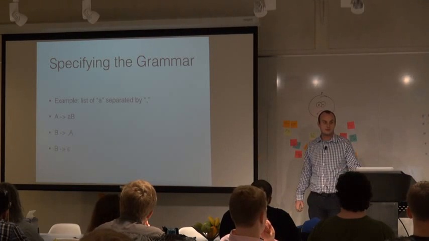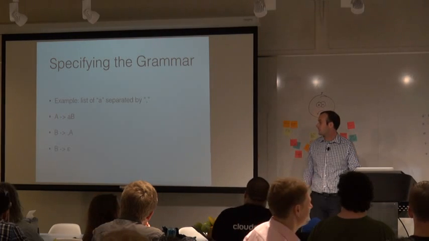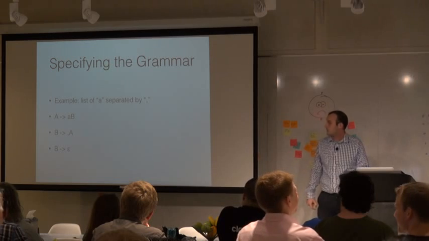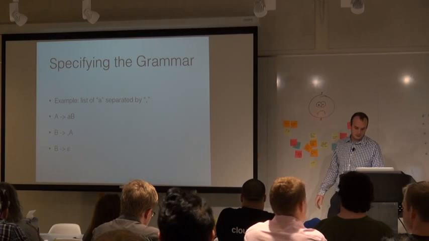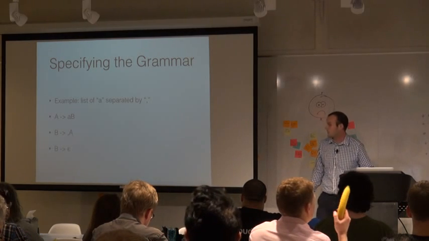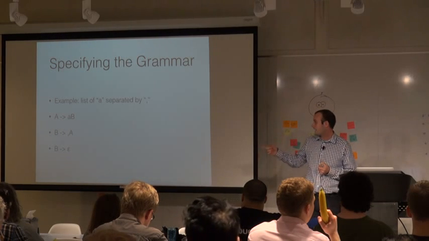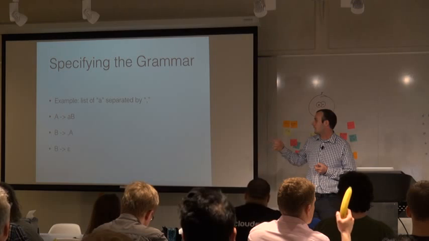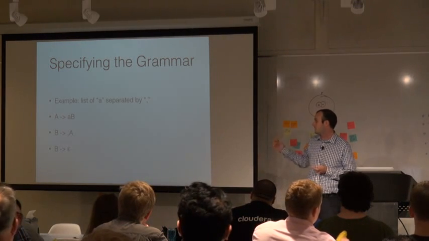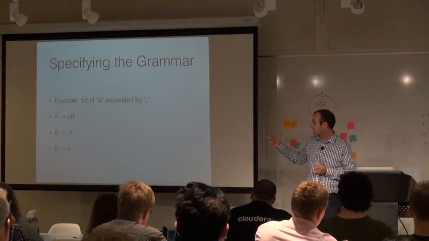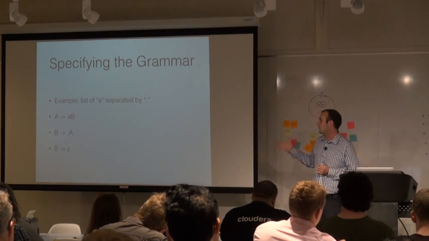So that's all for how I implemented the editor, and here's how you build these grammars. If we start with a grammar in normal context-free grammar notation, I'm not sure if all of you are familiar with this, but it basically says a capital A can be represented as a lowercase a and then a B. B is always a comma and then an A, or B is epsilon, which means nothing.